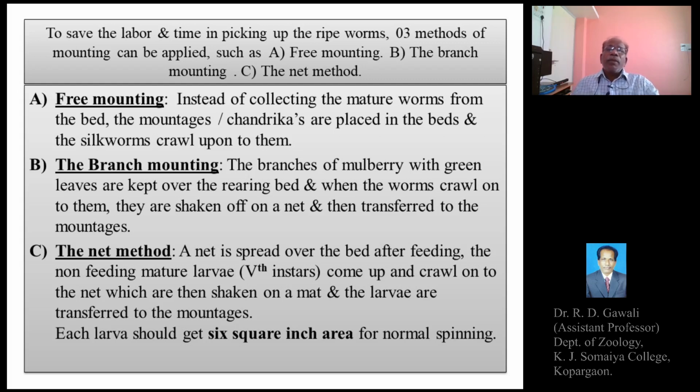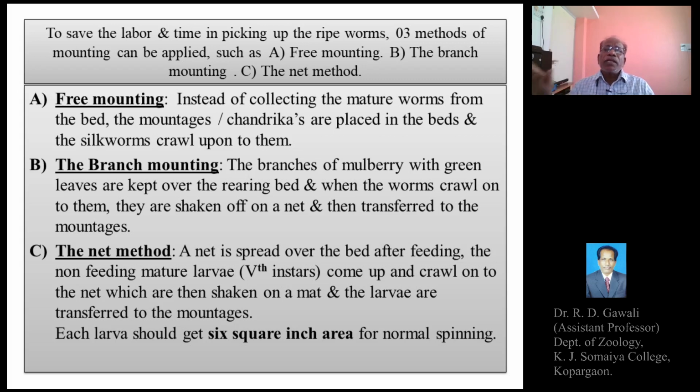Then the second is the branch mounting method. In this method, freshly harvested mulberry branches with green leaves are kept over the rearing bed or rearing tray, and when the silkworm larvae crawl up to the mulberry branches, these are simply picked up and shaken off onto a net and then transferred onto the mountage.